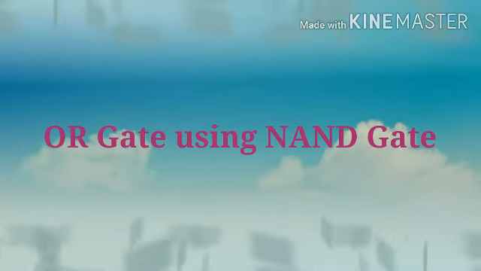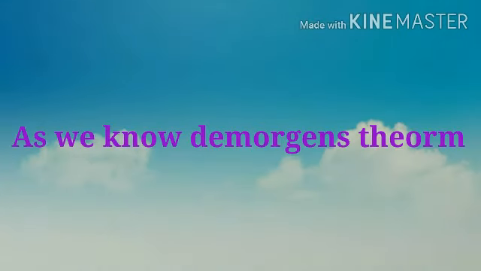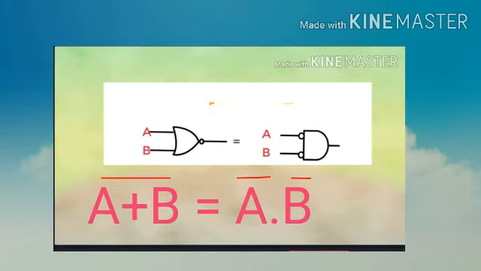Let's start to derive OR gate using NAND gate. As we know De Morgan's theorem, it states that (A plus B) bar is equal to A bar dot B bar. Means the NOR gate is equivalent to bubbled AND gate.